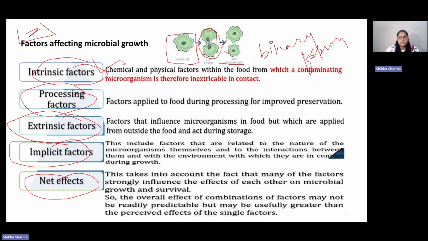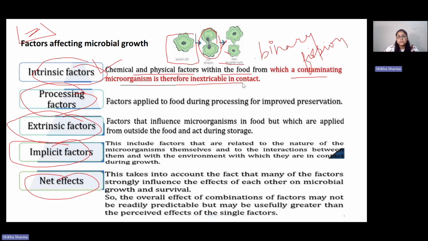Intrinsic factors include the chemical and physical parameters within the food, with which contaminating microorganisms are in contact. These are the factors inside the food, like the composition of the food, the pH of the food, or the water activity of the food.